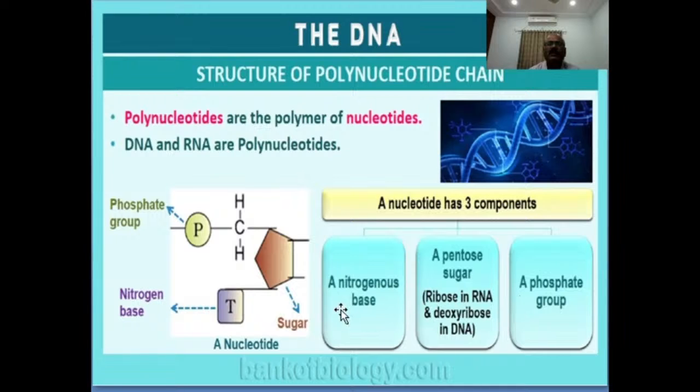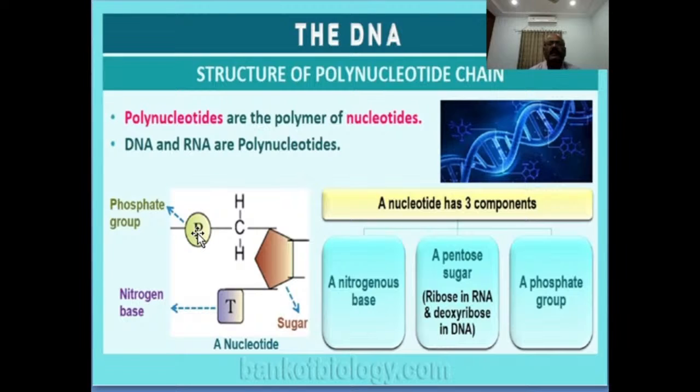So how are these 3 together? You see here, this is sugar, that means a 5 carbon sugar. Okay. So this is a nitrogen base. The nitrogen base is connected to that 5 carbon sugar. And you see this is a phosphate.